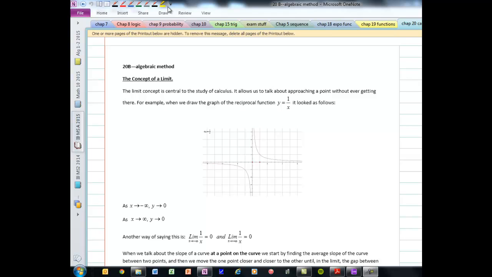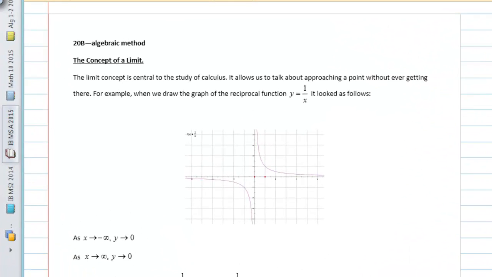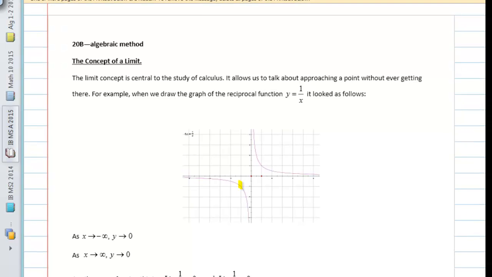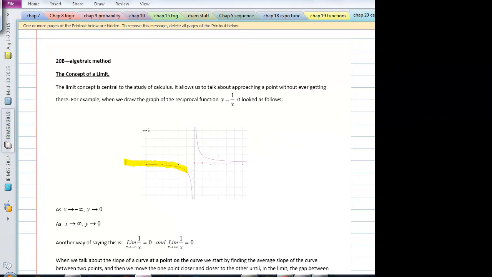For example, I've given you the function of 1 over x, and if you look at the function, as x approaches negative infinity, the y values begin to get closer and closer and closer to 0. So this is like an asymptote. We've talked about these before.